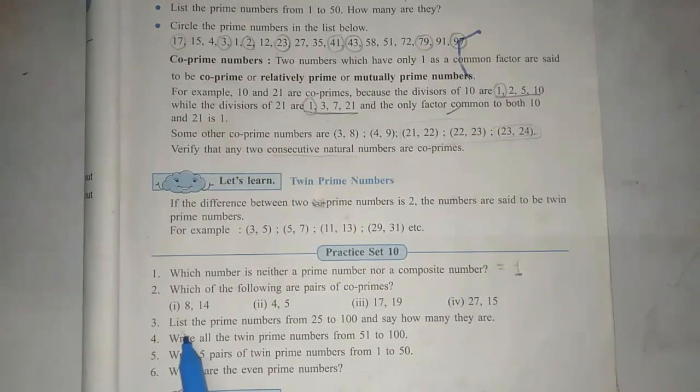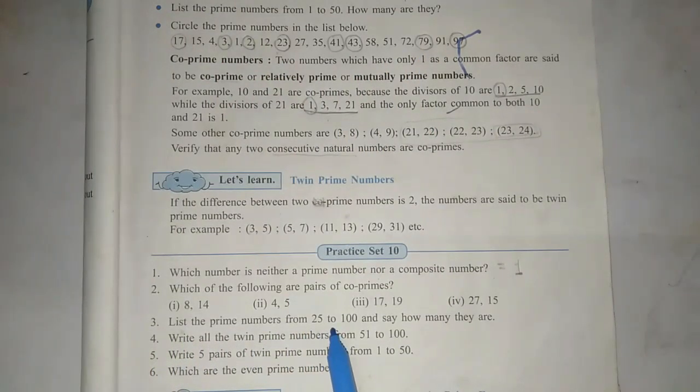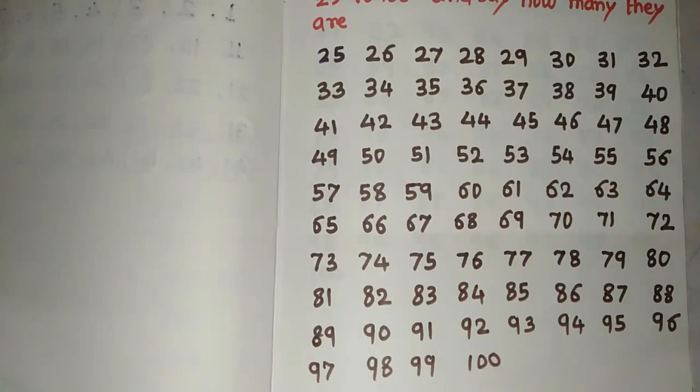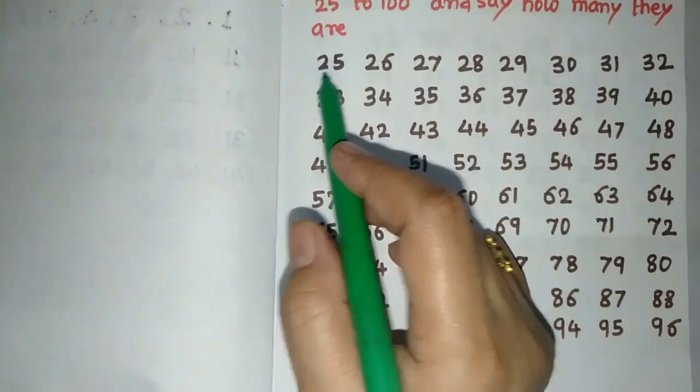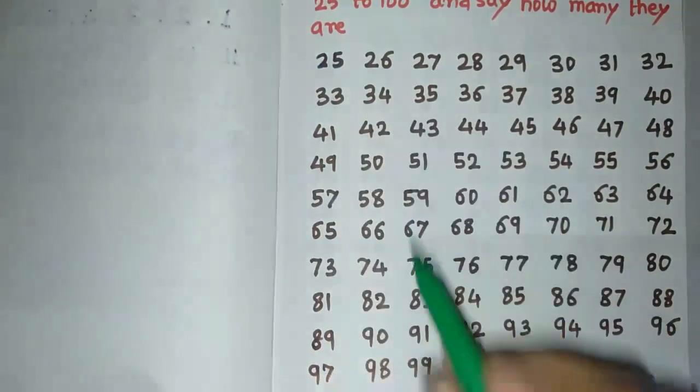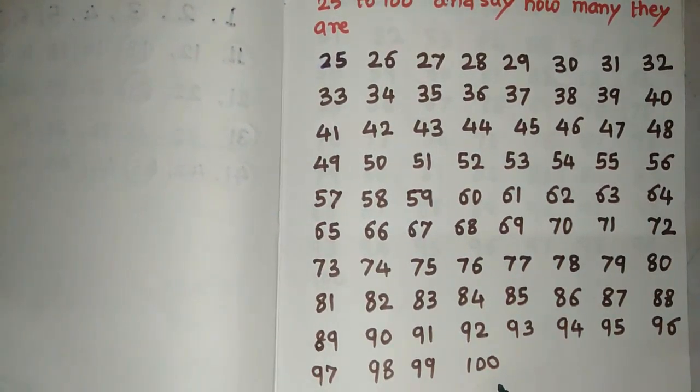Now see the third question. List the prime numbers from 25 to 100 and say how many they are. I have written here the list from 25 to 100.